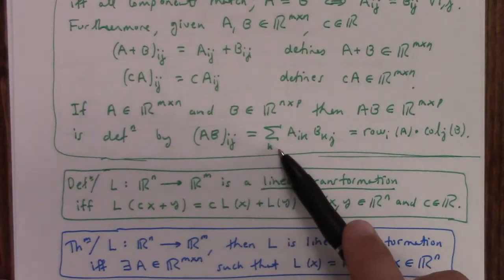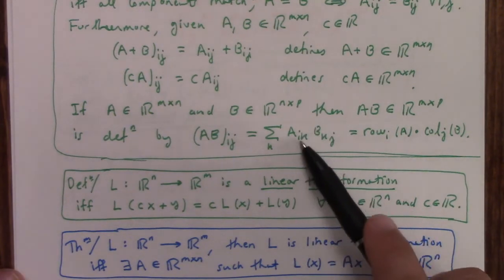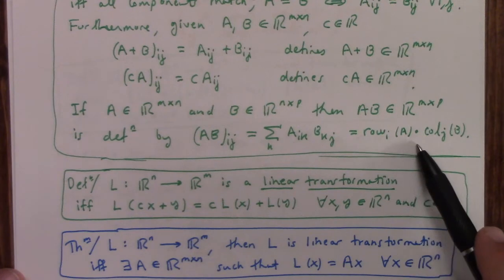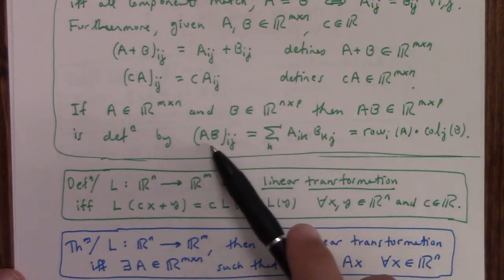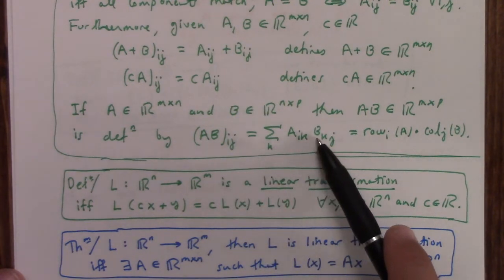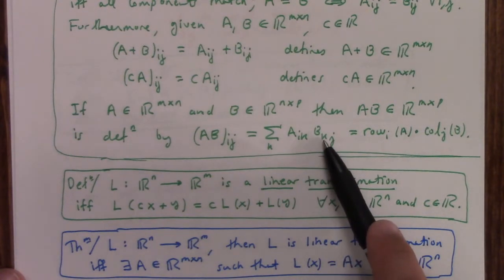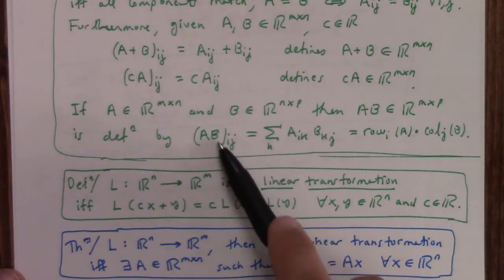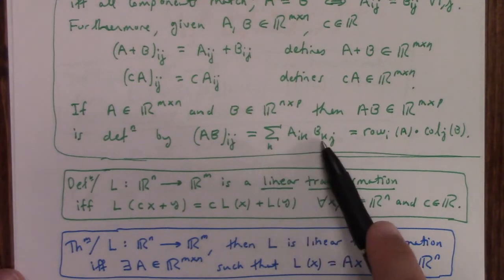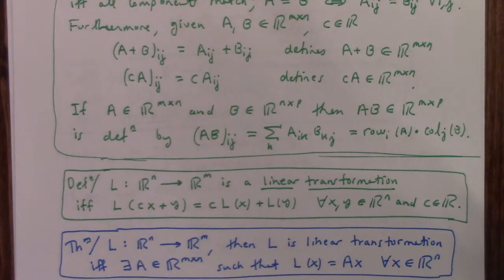The ijth component is the sum over k of a_ik b_kj, which of course you could look at as being the ith row of A dotted with the jth column of B. And this formula further simplifies in the case that A is a row vector or B is a column vector, then you don't have both indices here, but this formula still makes sense. But anyway, we'll talk more about the matrix column multiplication in just a minute.